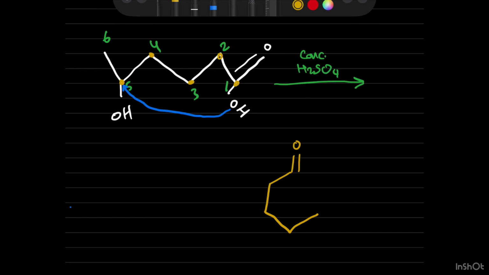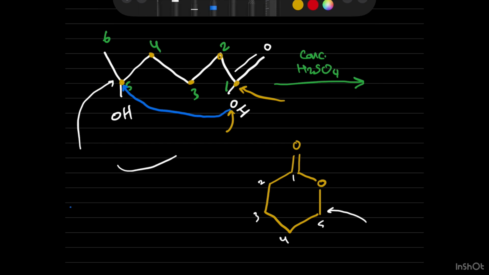This carbonyl group is bonded to the OH, which means we have to make an oxygen and connect it to this one here. If you recount the carbons, we have 1, 2, 3, 4, 5, and remember that carbon number 5 is bonded to the oxygen.